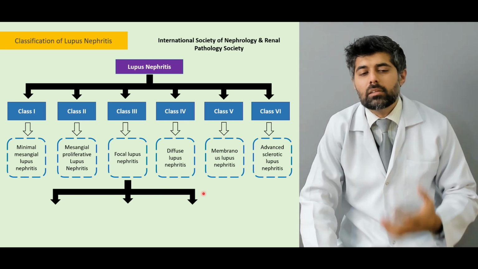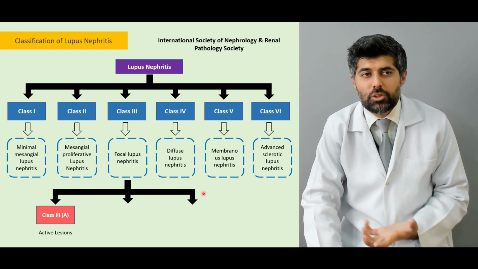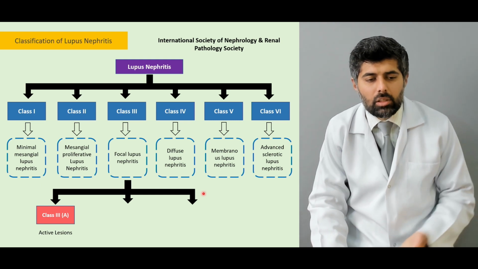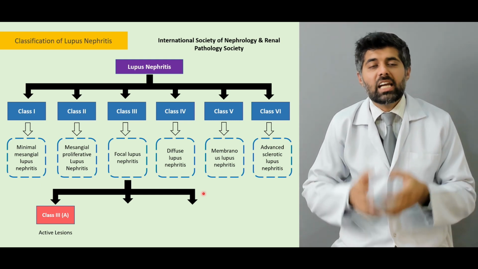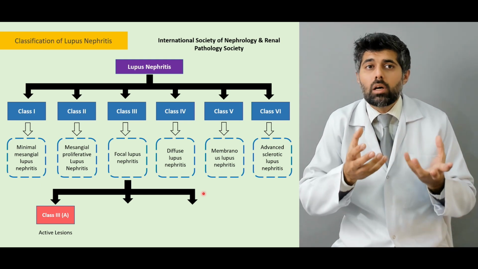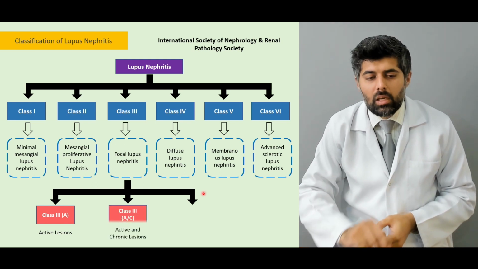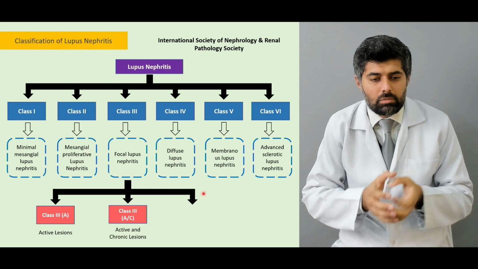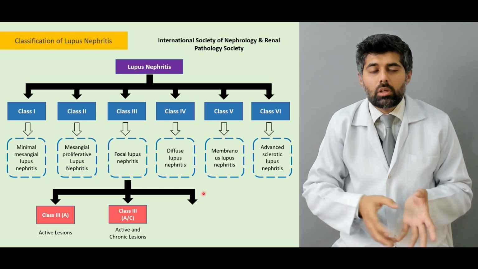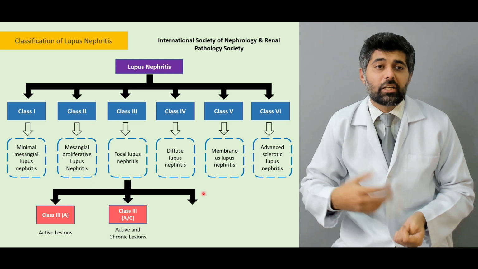Now, like I said earlier, class 3, the focal lupus nephritis, has 3 sub-classifications. In class 3A, there is active lesion and there is focal proliferative lupus nephritis. In class 3A/C, that is both active and chronic, we see focal proliferative nephritis along with sclerosing nephritis.